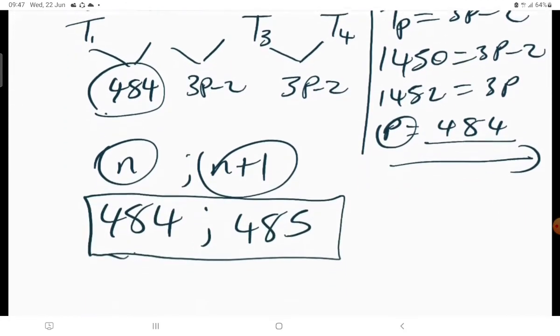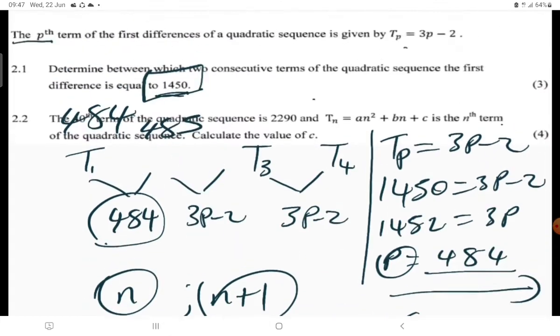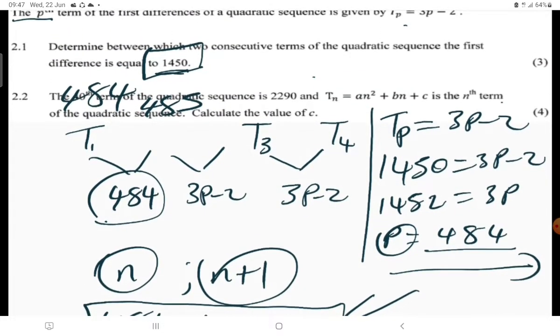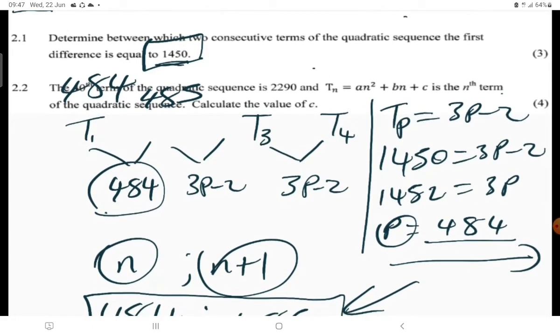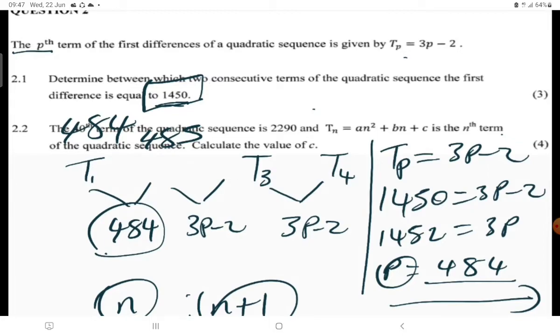Yeah, and you will understand that these are not the actual terms, right? They are looking for the consecutive terms of the quadratic sequence, which means they are looking for term number 484 and term number 485 that give us this difference, not the actual terms.